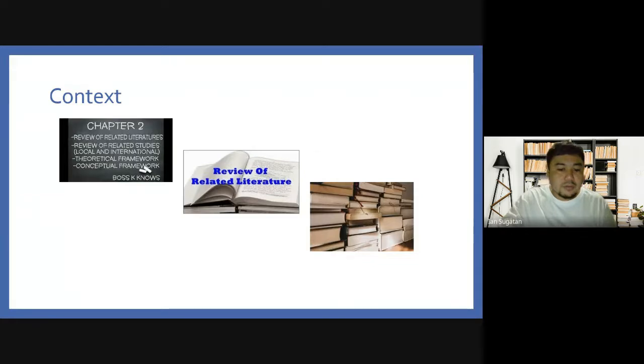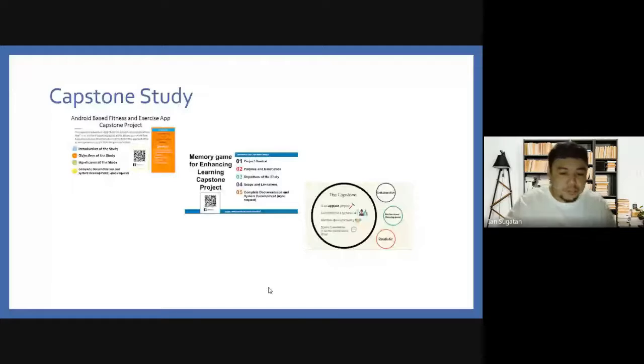Now, for the study, guys, this is chapter 2 of your capstone study, the review of related literature, and it requires bases. It also depends on the title of your study, and from there you can come up with a sound review of related literature.